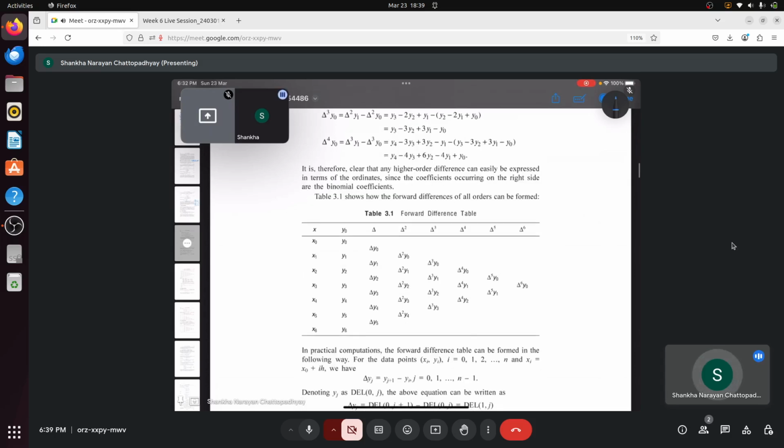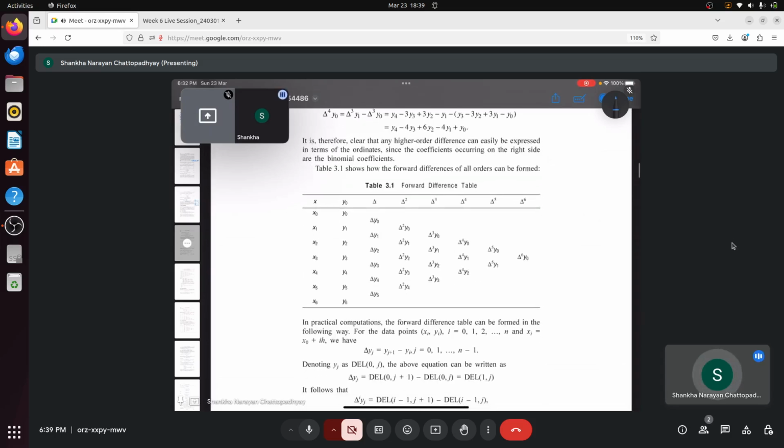So how to calculate? See, here there are 7 points, x0, x1, x2, x3, x4, x5 and x6. Consequently you have y0, y1, y2, y3, y4, y5, y6. Now how will you calculate the difference scheme?